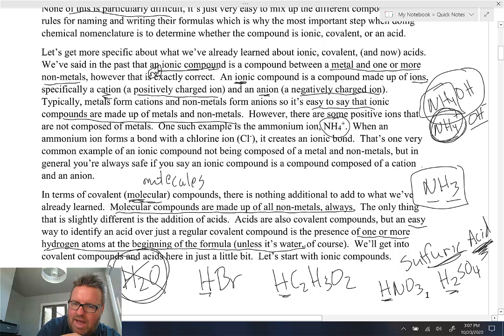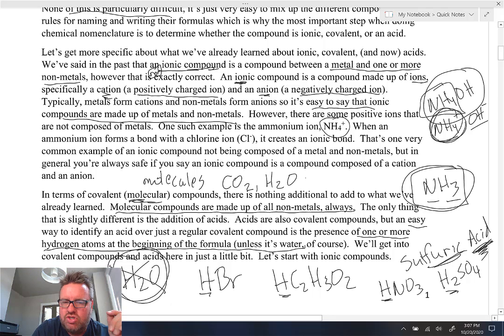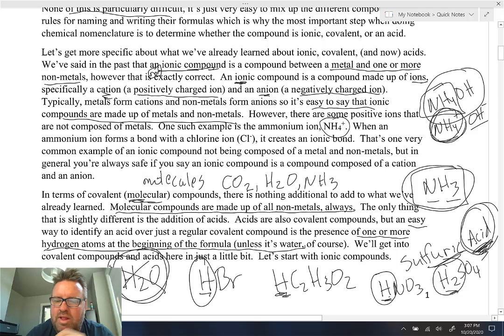NH3 was an example of that, and CO2 and H2O are a few different examples of covalent compounds. And acids will either end the name with the word acid, or the formula will start with a hydrogen, unless it is water.